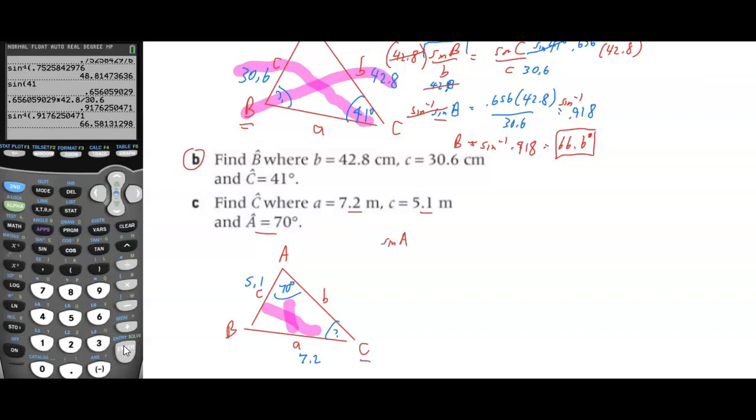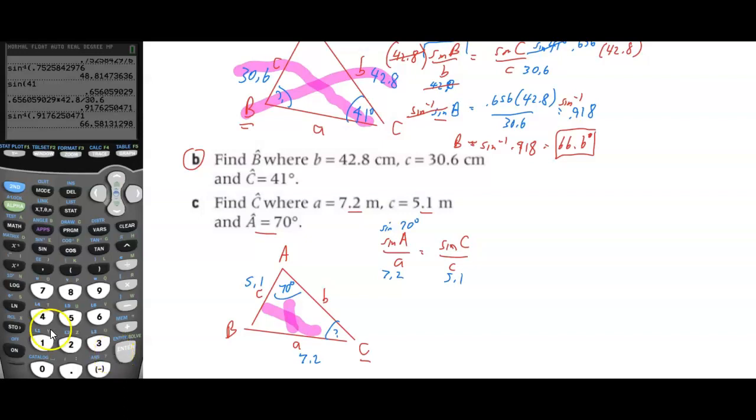So we'll have sine big A over little a, and we'll have sine big C over little c. Let's substitute in some of our values here. Capital A is 70 degrees, so this is sine of 70 degrees. Capital C, we don't know what it is yet. Little c is going to be 5.1, and little a is going to be 7.2.